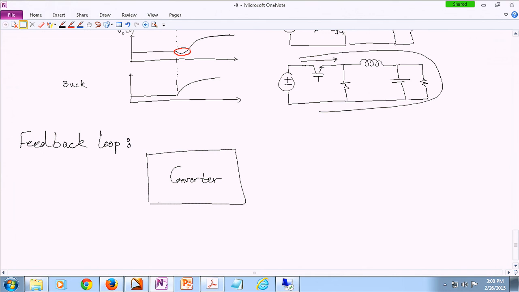So let's say you have a DC to DC converter, and this converter obviously has a switch in it. You can turn the switch on and off, which means you can control this switch. On the output side, you always have a relatively large capacitor that holds a DC voltage, and you connect your load to this capacitor.